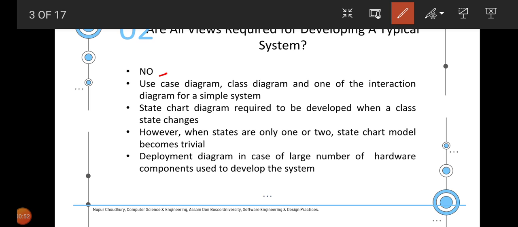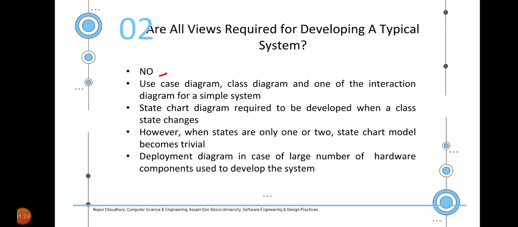For example, for a simple system, we need to use only use case diagram, class diagram, or one of the interaction diagrams. When a class state changes, we can make use of the state chart diagram, and when the states are only one or two, the state chart model becomes trivial. So we do not need to implement a state chart diagram in such a scenario. Then we have the deployment diagram in case of a large number of hardware components that are used to develop a system. So at one go, we do not have to implement all the diagrams.